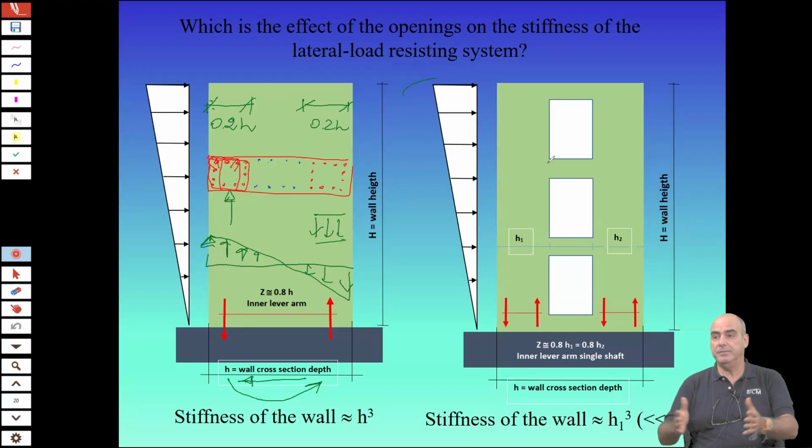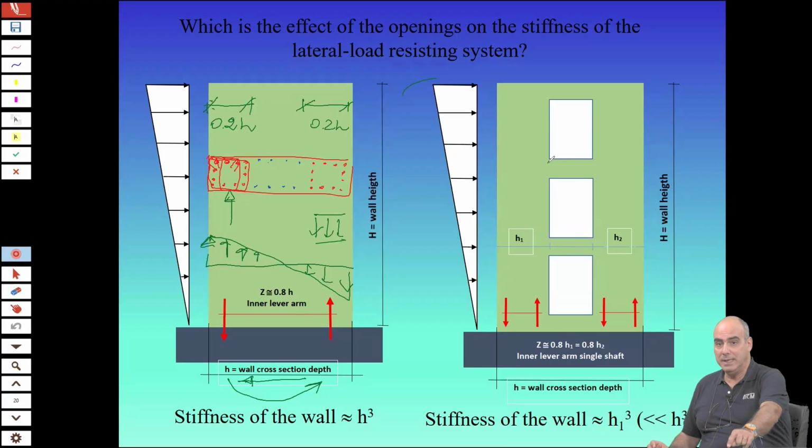So if a shear wall is typically, let's say, 4 meters wide, and you cut it off 1.5 meters, even 1.2, 4 meters minus 1.2 is 2.8. Divided by 2 is 1.4.